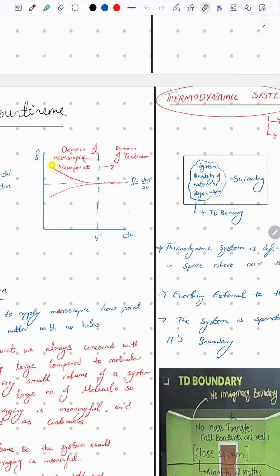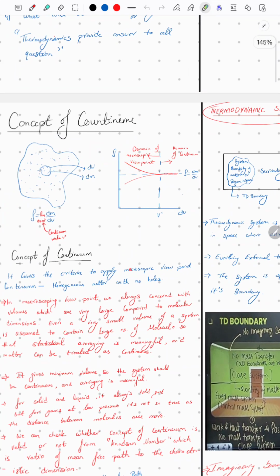If the density is high, then the concept of continuum can be applied. If the density is low, the concept of continuum cannot be applied. So this is the domain of the macroscopic viewpoint, the domain of continuum. This is the domain of the microscopic viewpoint, because the density is very unstable.